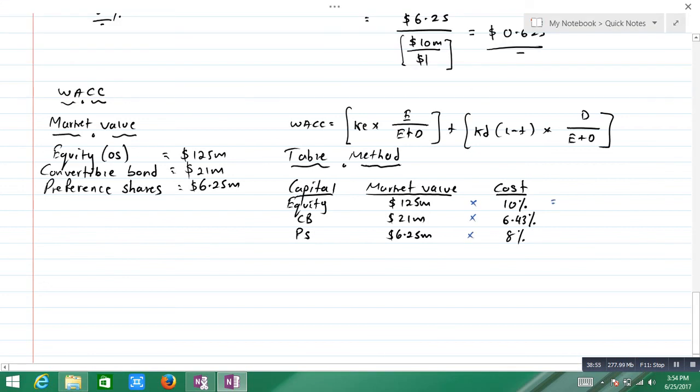Total these up: 14.35. Total up the market value as well: 152.25. All this is in million.